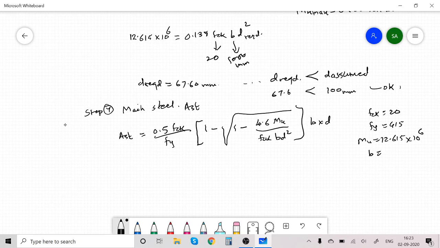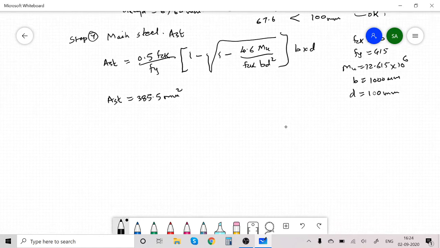B is 1000 and small d, that is the depth that we are going to provide considering the deflection criteria in step number 2, that we assume, small d is 100 mm. So substitute these values and find AST. You will get the AST as 385.5 mm square.